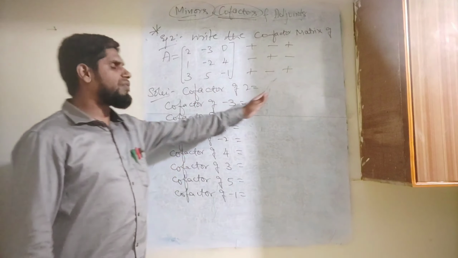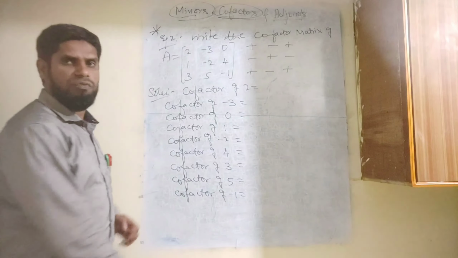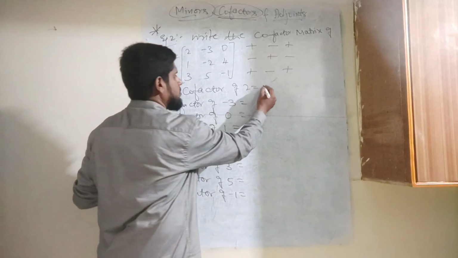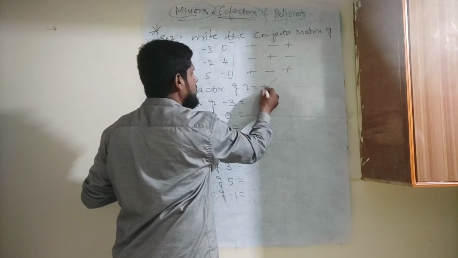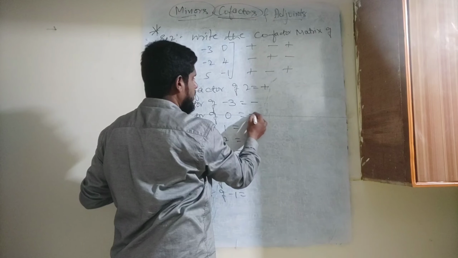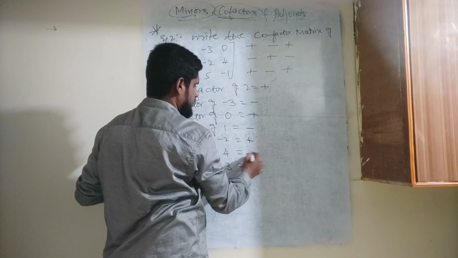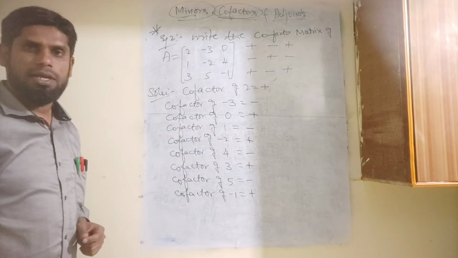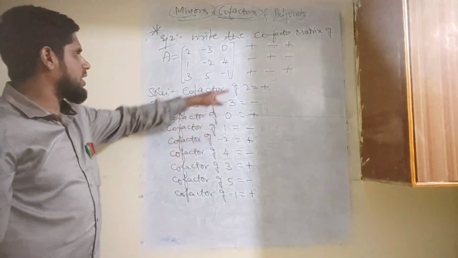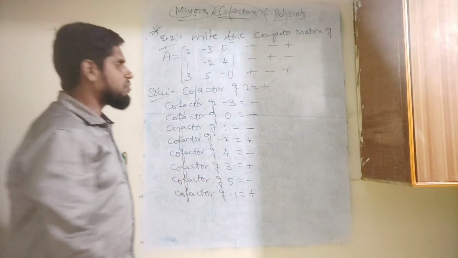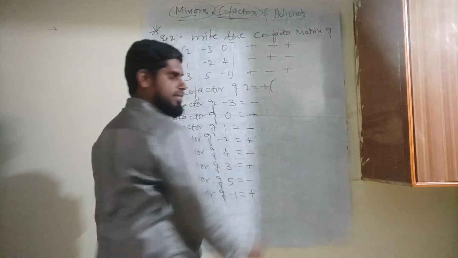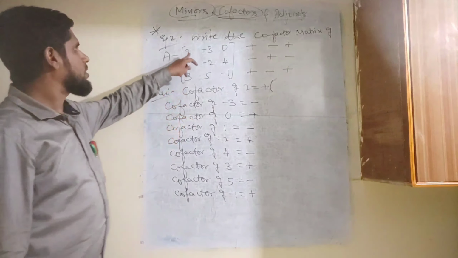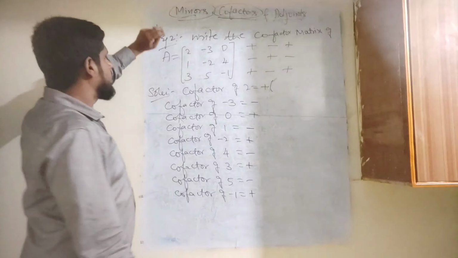Now let us find the cofactors of these. Before I go to the cofactors, let me tell you the trick, which is very easy. I will first write the hidden signs: plus, minus, plus, minus, plus, minus, plus, minus, plus. Now let us take the minors of these elements. And we know how to find the minors of a 3 cross 3 matrix, the same process, by eliminating the row and column of the corresponding element.